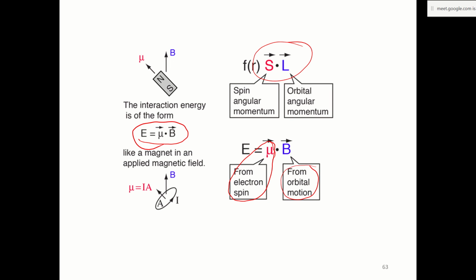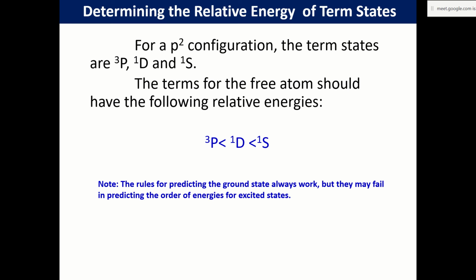You can assume that the spin magnetic moment is feeling the magnetic field produced by the orbital motion of the electron. That way you can calculate the energy quite easily.